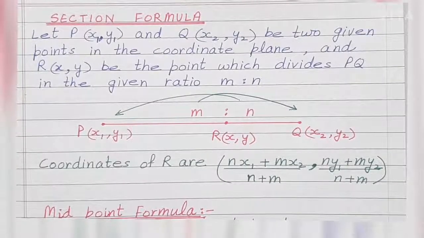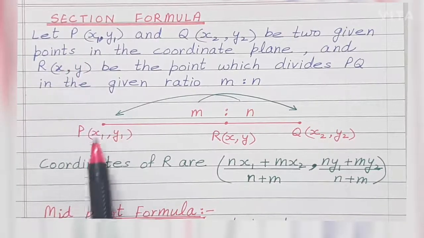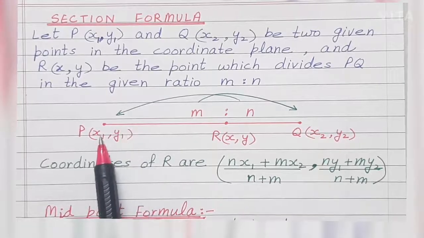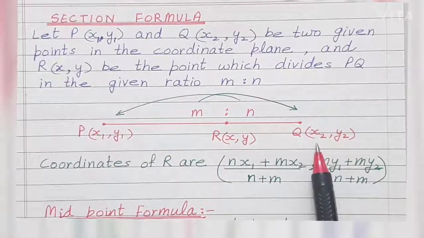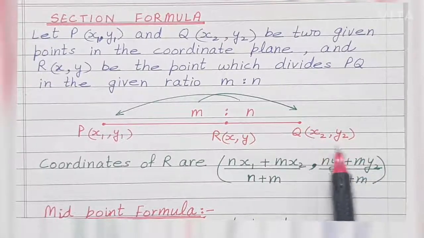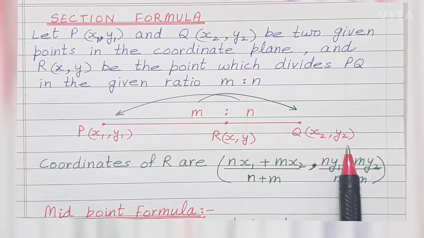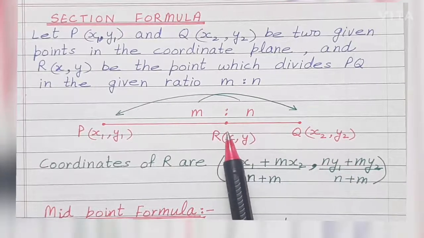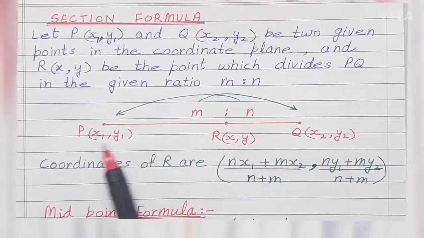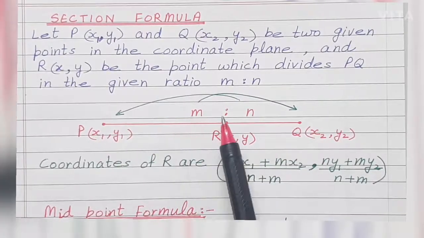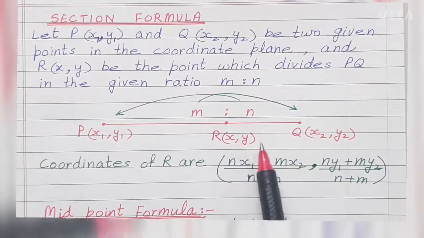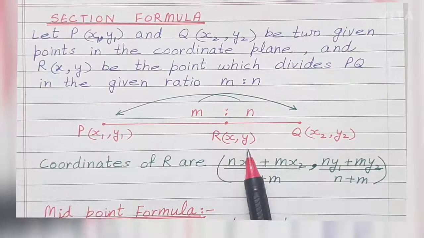Now children, let us discuss about section formula. Let P (x1, y1) and Q (x2, y2) be the two given points and R be the point which divides PQ in the ratio m:n, and let the coordinates of R be x and y.